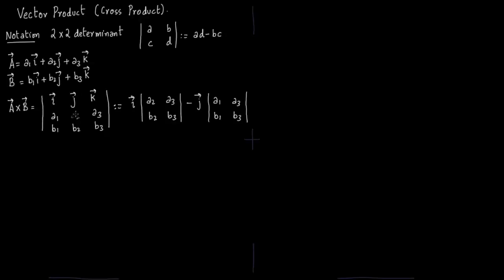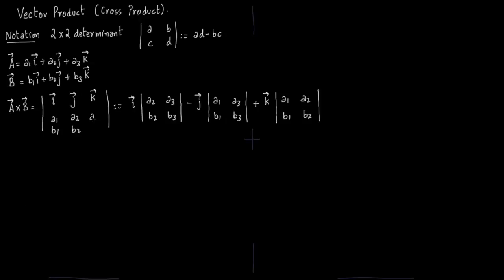Again, to remember it, you just delete the elements under the j vector and take the determinant of the remaining elements. Plus k vector times the determinant of A1, B1, A2, B2. Again, you just delete the elements under the k vector column. And that is how you get A cross B.